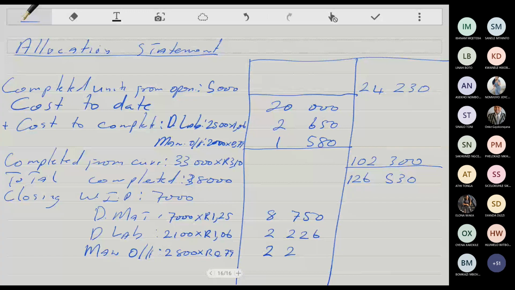Then we add again the 8,750. So they give us the total of 13,188. So you can add that in your total cost.